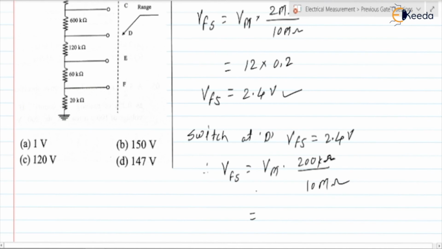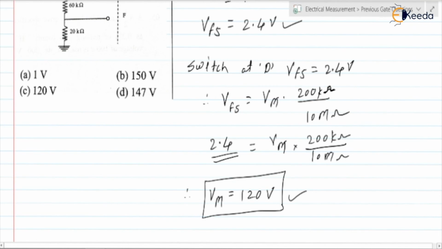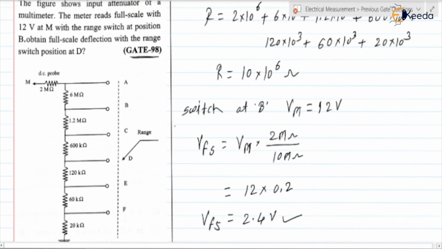Replacing Vfs with 2.4, Vm we need to find in order to give full scale deflection. If we simplify it, we will get Vm is equal to 120 volt. Means if we keep Vm equal to 120 volt, then we can get the full scale deflection of 2.4 volt when the range switch is connected to position D.